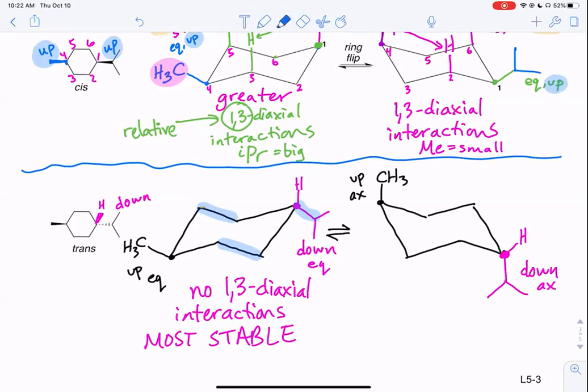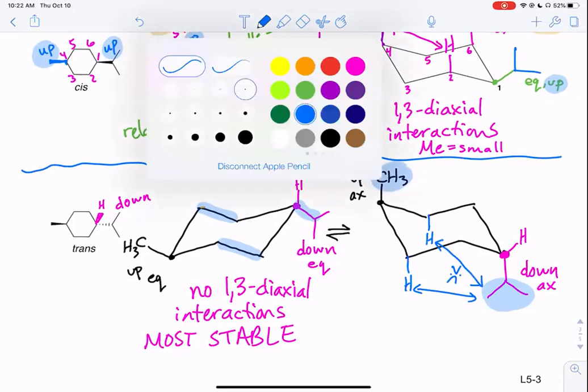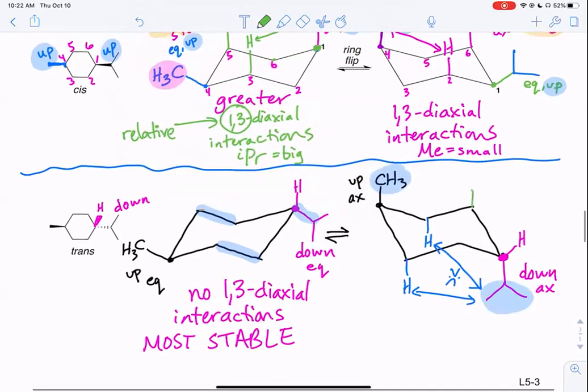But again, now we have 2 axial substituents. Each of these is going to have 2 sets of 1,3 diaxial interactions. So there's the hydrogens that are pointing down, put in blue, and those are going to bump into the isopropyl group. So there's bad strain associated with that. And then for the methyl group, we're also going to have 1,3 diaxial interactions.